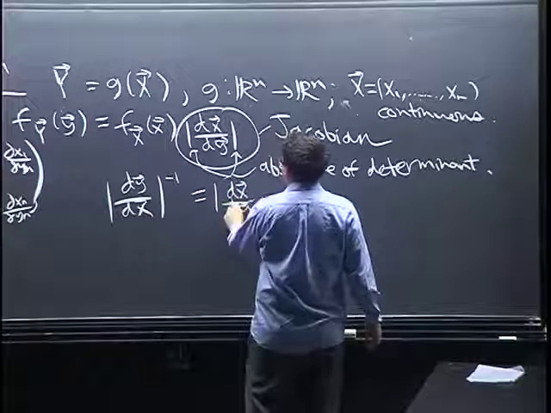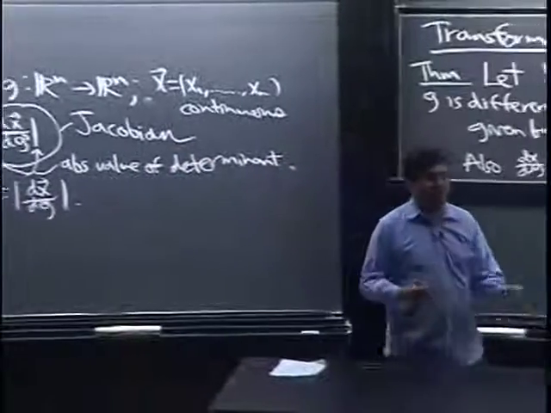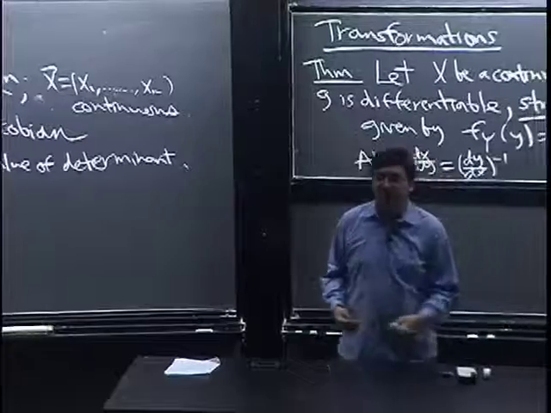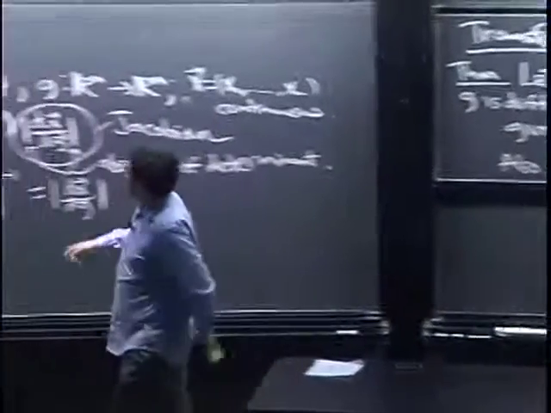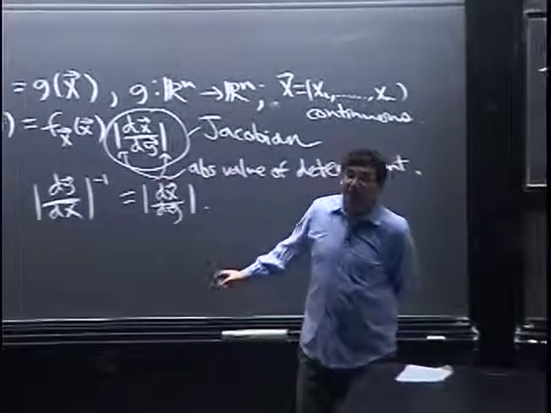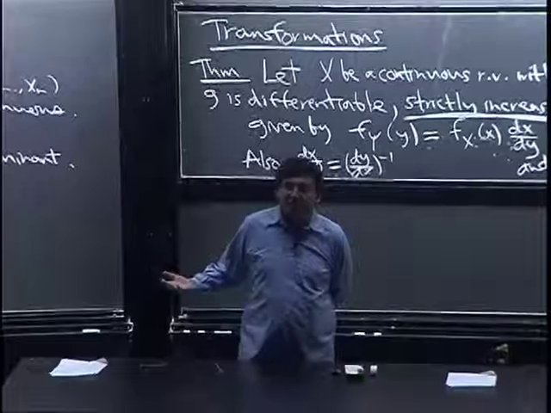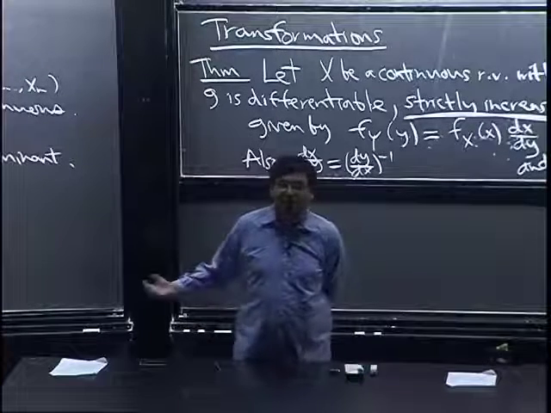So sometimes one of these two methods is much easier than the other. So you want to think first about which direction to do the transformation in. A lot of books just write the Jacobian as J, and I like the letter J a lot, but I don't like that notation here because it doesn't tell you which way you are going, from x to y or y to x.